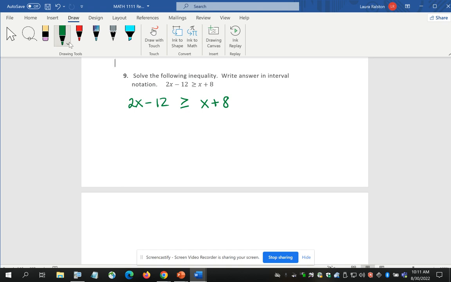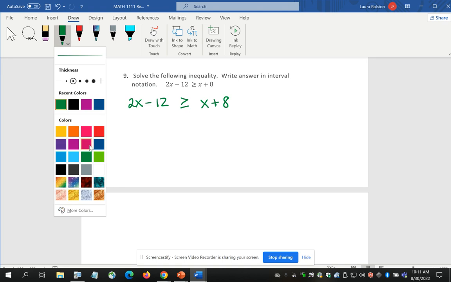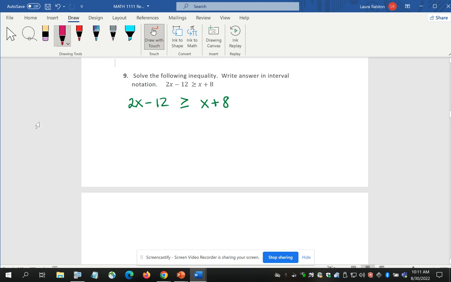So to solve the inequality, again, much like you would solve an equation, you have to get all of the x's together on one side and all of the constants or numbers together on the other side. I tend to put the letters on the left, so I'm going to subtract x from either side so that I have 2x minus 1x is 1x, minus 12 is greater than or equal to 8, because x minus x is 0.